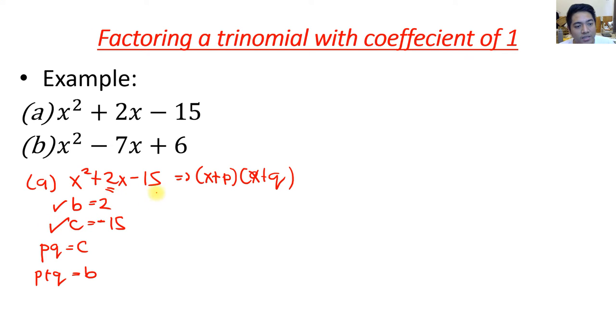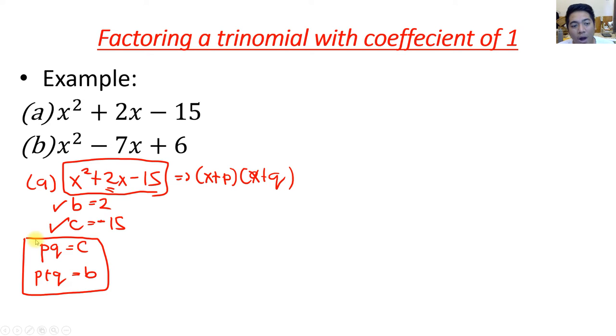To factor this x squared plus 2x minus 15, we're going to look at this condition, pq equals c and p plus q equals b. What two numbers, when we multiply, will result to negative 15, and when we add, will result to 2 in this example?